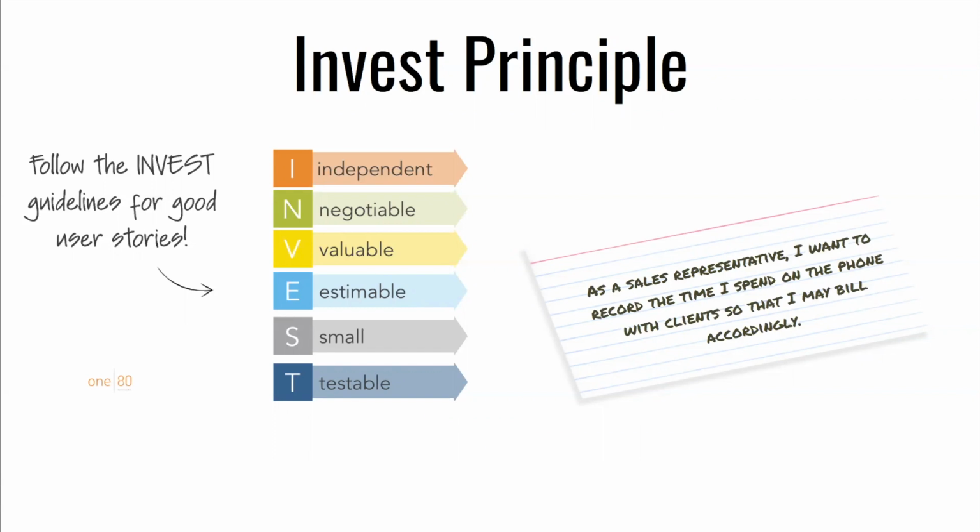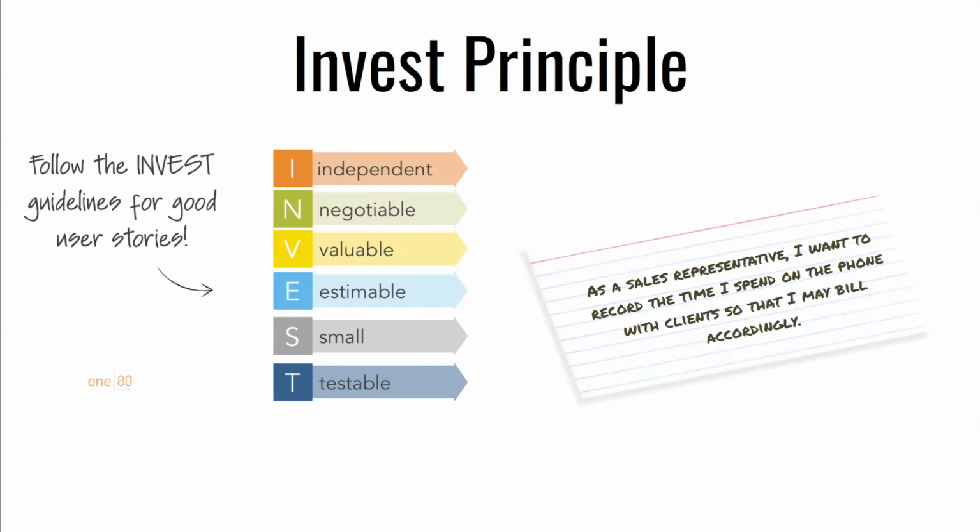The idea around small, again, we talked about that a little bit in the last slide. We want to make these small enough pieces that we can get things out. When they're small, they're more likely independent. The nice thing about small is that it helps negotiable, because it's a smaller thing to talk about. There are fewer moving parts, and it helps keep it independent.